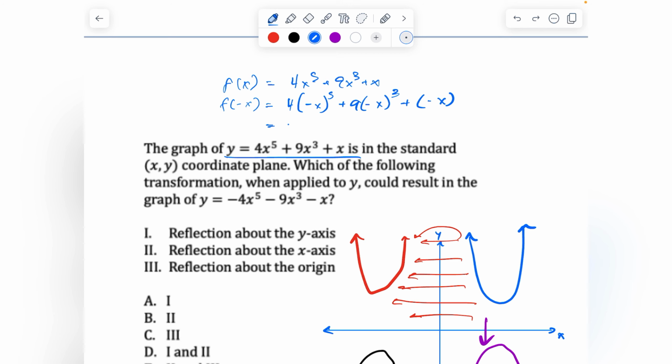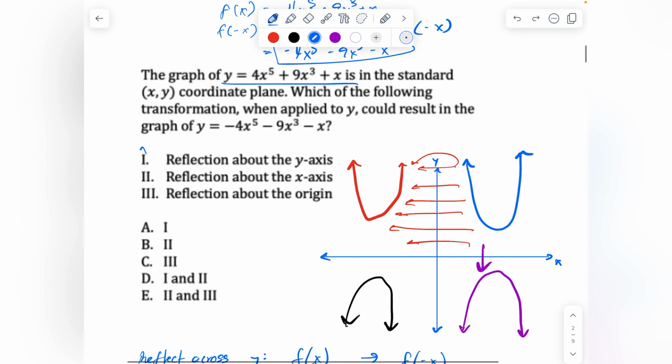So it's going to be negative 4x to the fifth plus 9 times negative x to the third, which is minus 9x to the third, plus negative x, which is minus x. So I end up with this, which actually matches here. So a reflection across the y-axis will be applicable, which means the answer has to be either A or D.